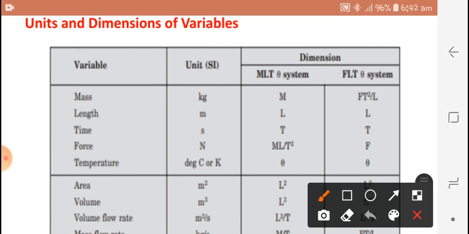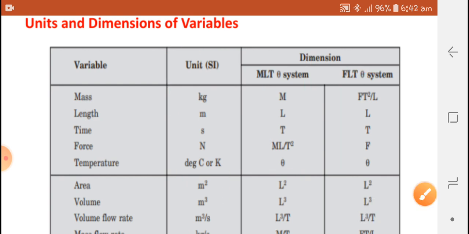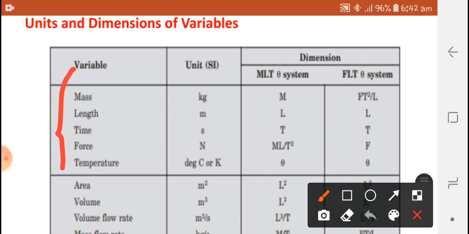You have to notice these terms only. This is for your extra information. These are the basic variables: mass is kg, length is meter, time is seconds, force is Newton, and temperature is in degree Celsius or Kelvin.